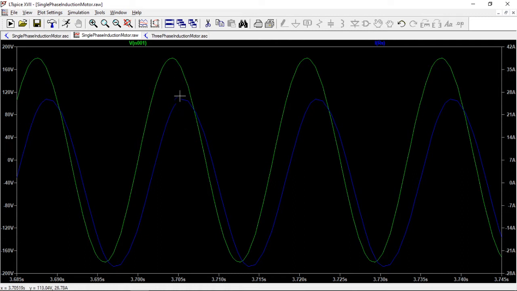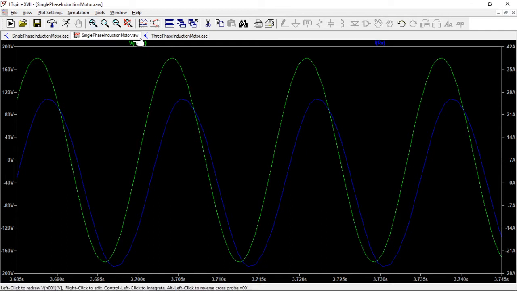The current's lagging the voltage, which means you have an inductive circuit, which is what we expected. And let's look at the phase shift here.